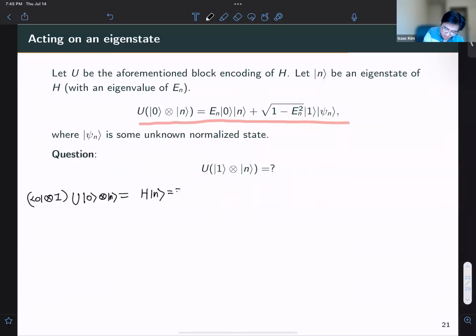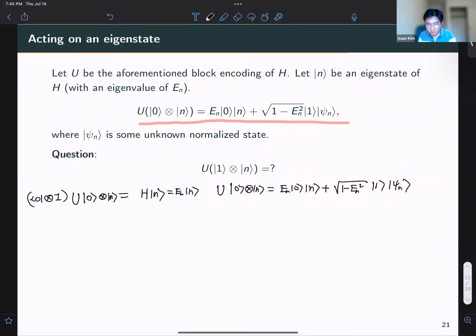And you see that on the left-hand side, I applied the bra of 0. So I can expect that if I apply U to this thing, I'm going to get E_n, 0, n plus some junk. And to ensure normalization, that junk must have an amplitude of square root of 1 minus E_n squared.